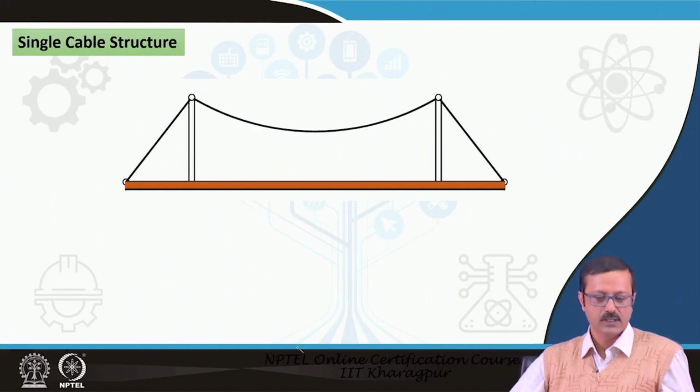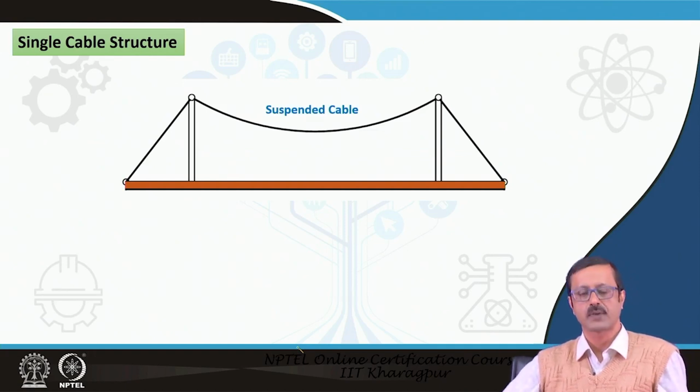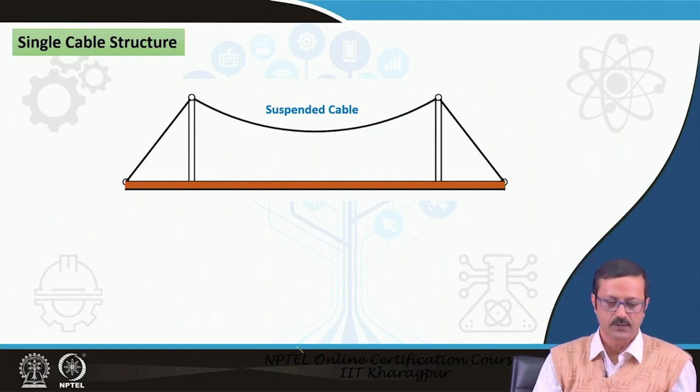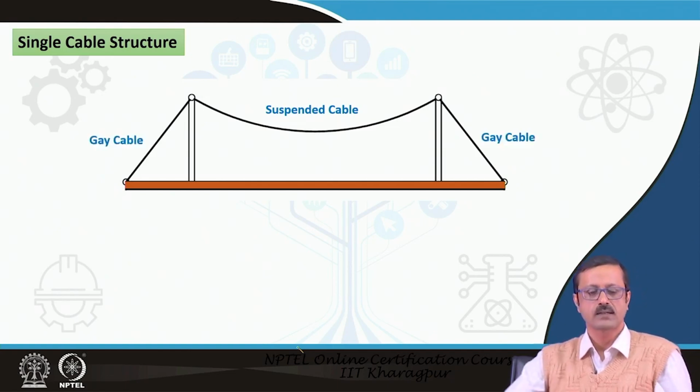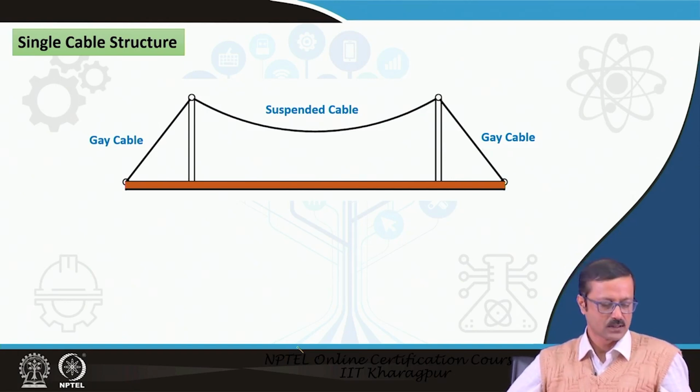In this particular cable there are three components. The first one is called the suspension cable, which is the long cable which is going to suspend and take the load by virtue of the other support reactions also. And there are stay cables, which are connected with the suspension cable, and a neutralizing kind of force acts towards the ground.